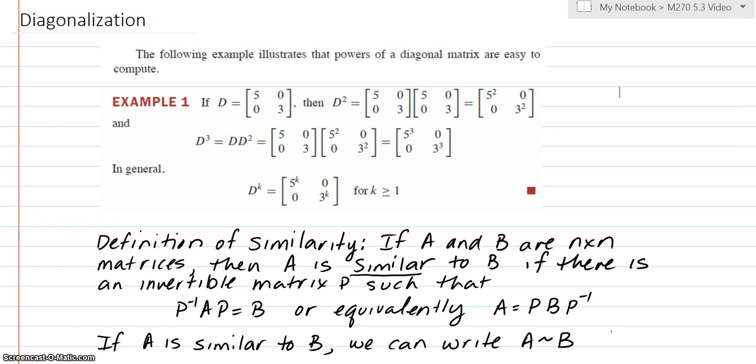It turns out that two matrices that are similar can be diagonalized, which is why I want to next talk about the definition of similarity.